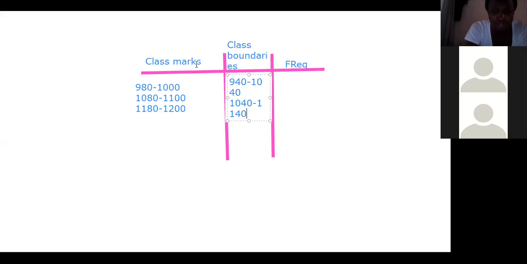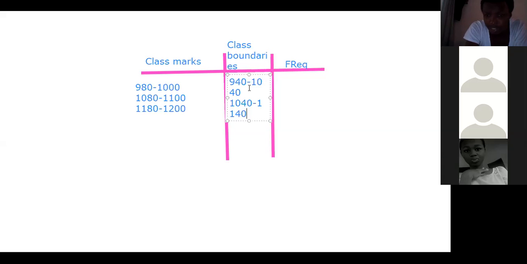So for instance, my class size will be the difference between the class boundaries. After finding these boundaries, this one becomes my lower class boundary and this one becomes my upper class boundary.